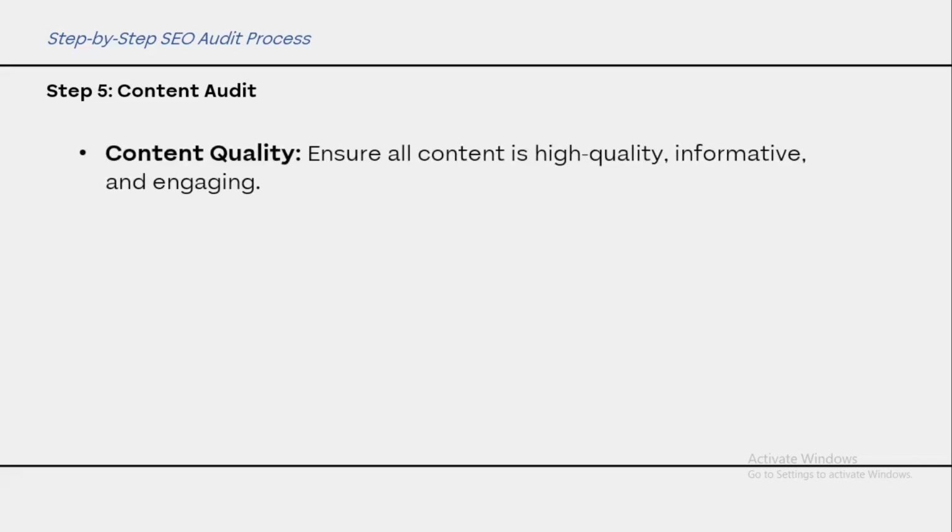So you audit content quality. Your content is meant to be of high quality, informative, and engaging. If your engagement metrics show otherwise, you have to edit your content. That's why if you look at a major blog website, you see that they will edit, right?